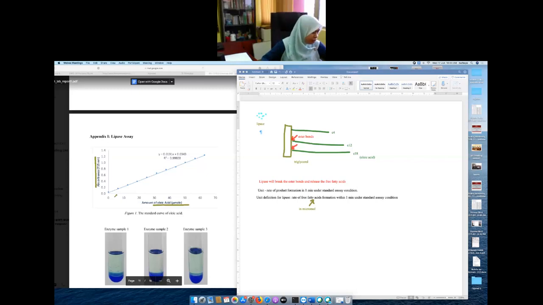Why 715? Because in the isooctane, absorbance at 715 is the best, where the absorption in the spectrophotometer will be the highest, because 715 will detect the green color.